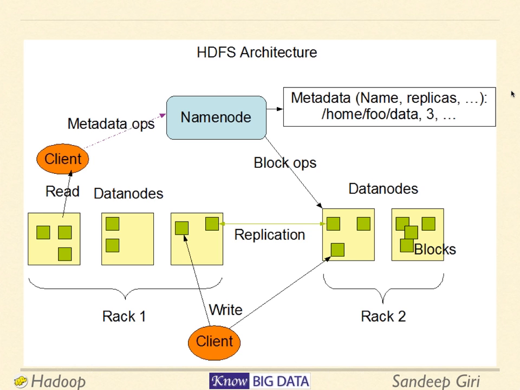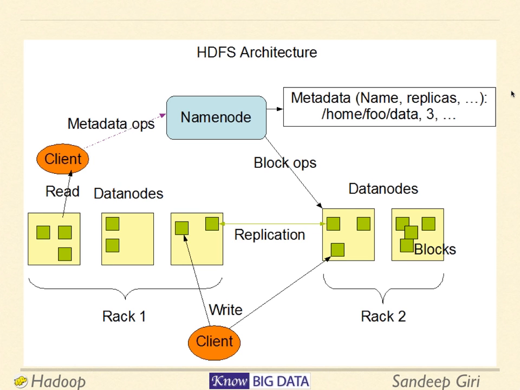At the heart of the whole game are something called blocks. Your file is split into smaller pieces called blocks. Blocks are by default 64 MB in Apache Hadoop, while 128 MB in Cloudera Hadoop, but let's stick to the 64 MB size.